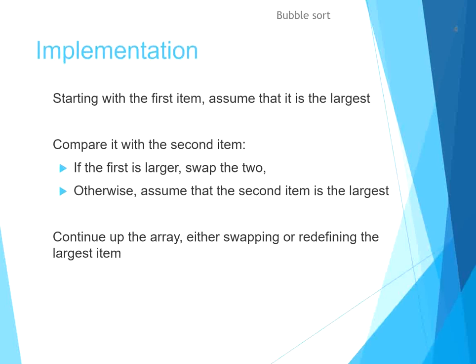If the first is larger, swap the two. Otherwise, assume that the second item is the largest. We will see an example of how we simulate the bubble sort, and then we continue this process until we get the sorted list.